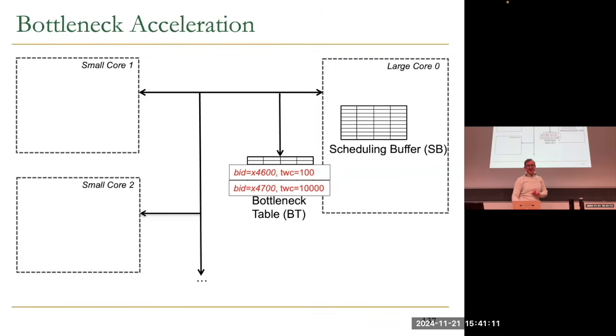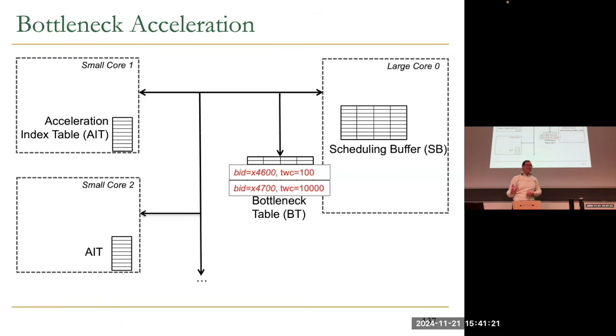Of course, this bottleneck table becomes a bottleneck itself, at least in the communication. So what we do is we try to make the decisions locally. You don't want to go to somewhere else to decide whether you execute locally or remotely. So we add essentially a cache of parts of this bottleneck table.